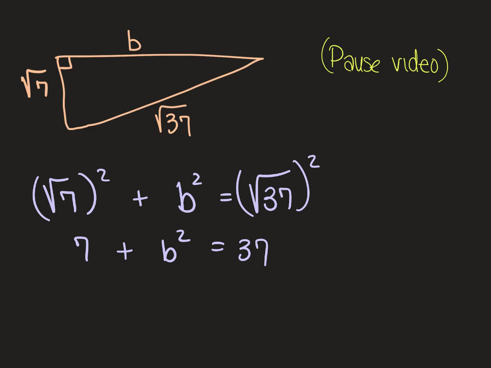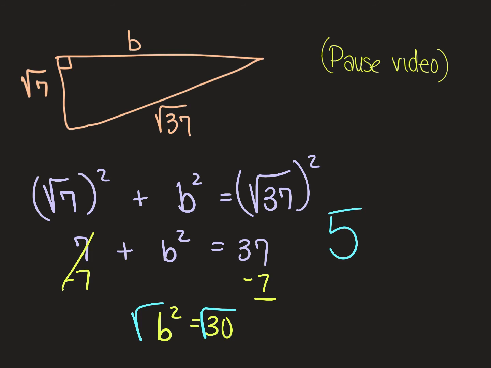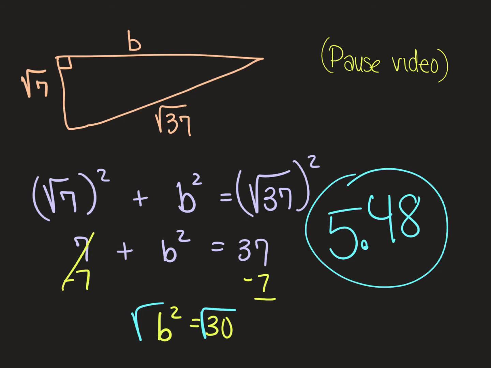When you square them, it gets rid of the square root sign, so 7 plus b squared equals 37. Subtract your 7s from each side. B squared equals 30. Square root, and round. You get 5.48 if you round to the hundredths.